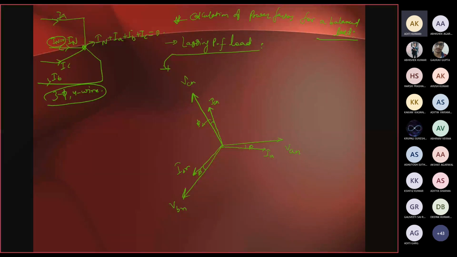Now, the power indicated by the wattmeter in an AC circuit is equal to the product of voltage across the voltage coil multiplied by current through the current coil into the cosine of the angle between the voltage and current in that coil.